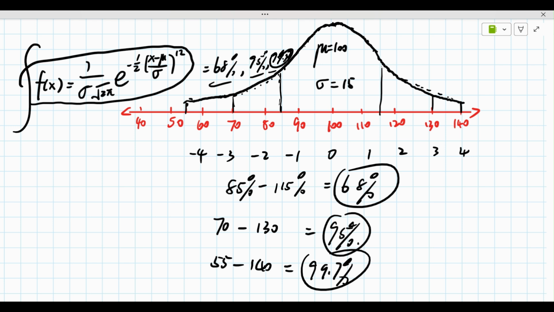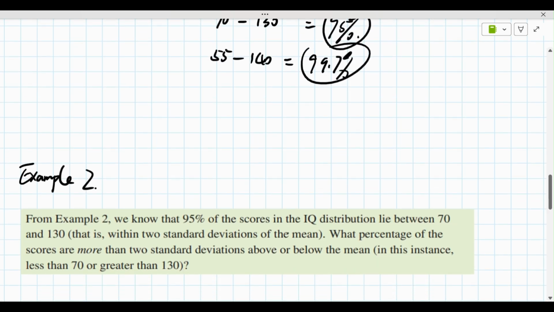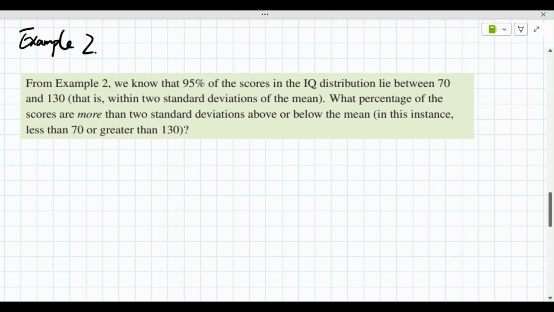Once you understand this, another thing I want you to remember is the standard value. The standard value will be x minus the mean, divided by the standard deviation. I will show you how to find the standard value.